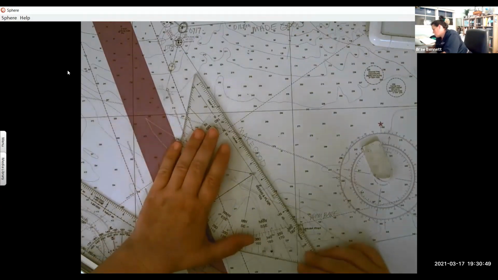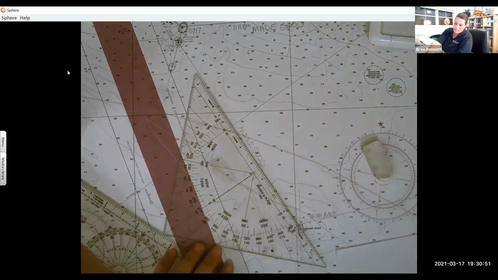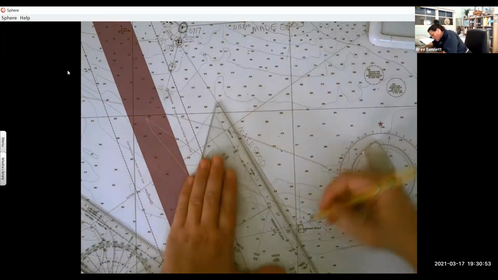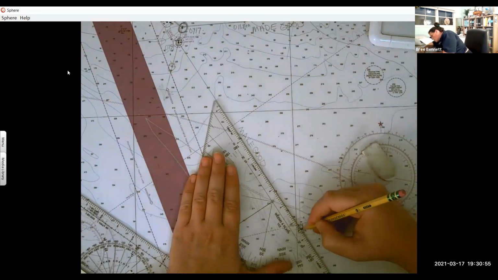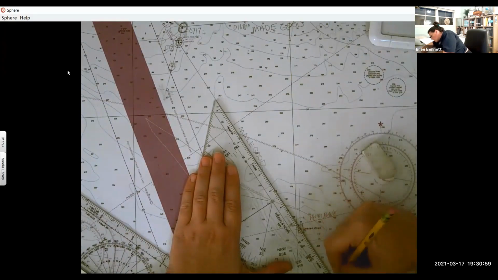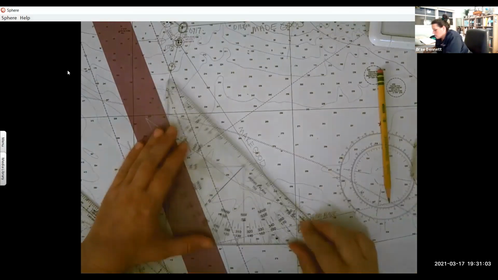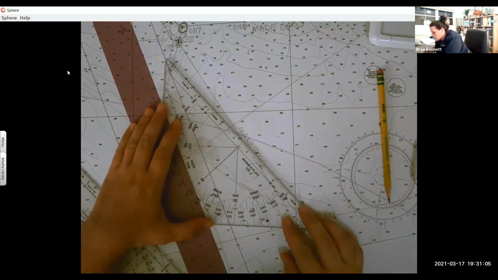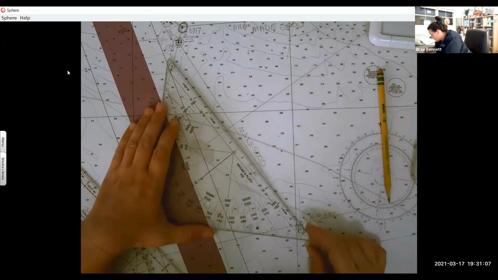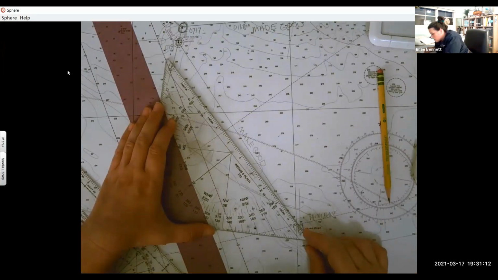Okay, you can see why I made up this problem and now it's not working out as great as I wanted it to. So if I started on that line and I go 10.7, this is a little tricky.